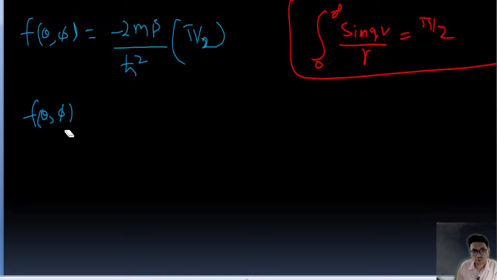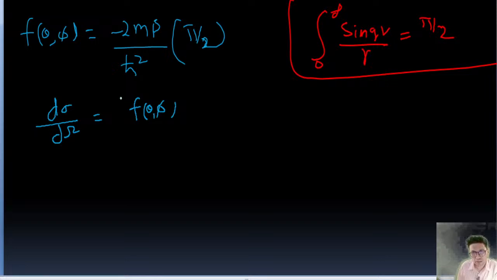So now we'll find the differential cross section, d sigma upon d omega, so that is |f(theta, phi)| square, right?